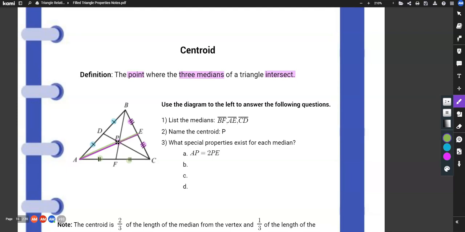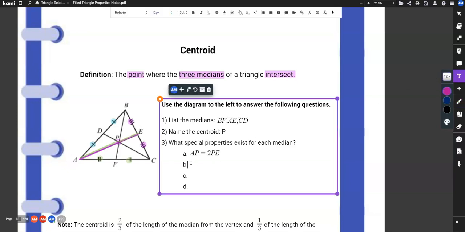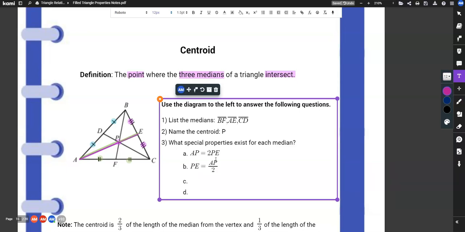PC is twice the length of PD. And you can also say that PD is half the length of PC. PF is half the length of PB. And PE is half the length of PA. So let's go ahead and represent that one as well. So PE is equal to AP divided by 2.